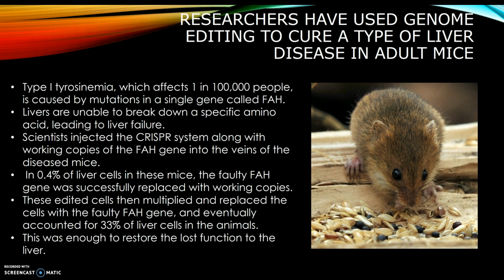So scientists injected the CRISPR system along with working copies of the gene into the veins of adult mice. And happily enough, they were able to restore function in 33% of the cells, and this was enough to restore the lost function of the liver. So even though it didn't get all of the cells, we were able to do enough to restore liver function in the mice. So this is a possible treatment moving forward.